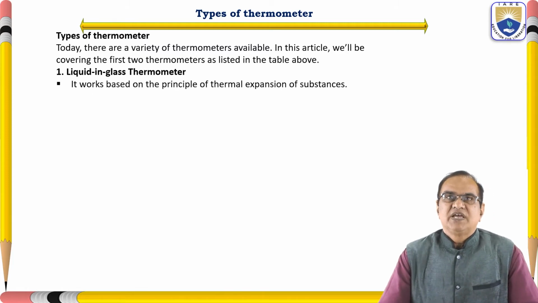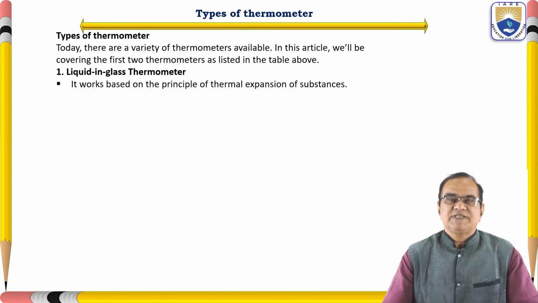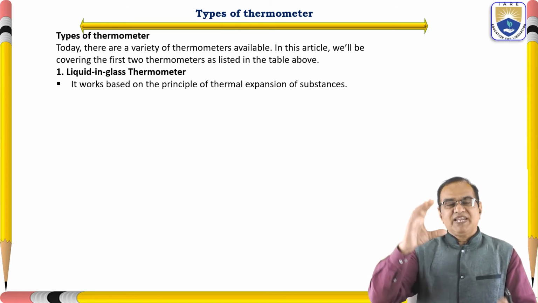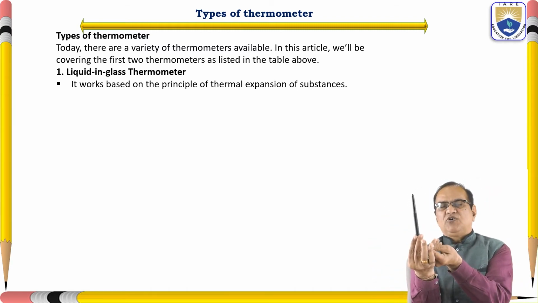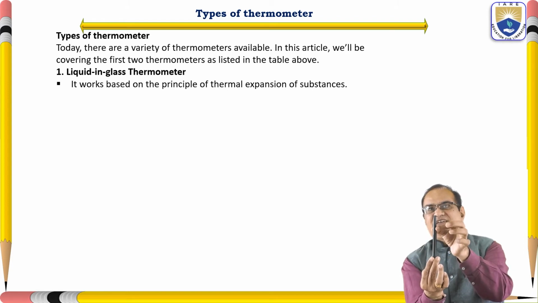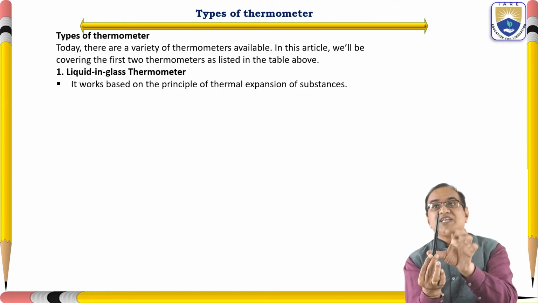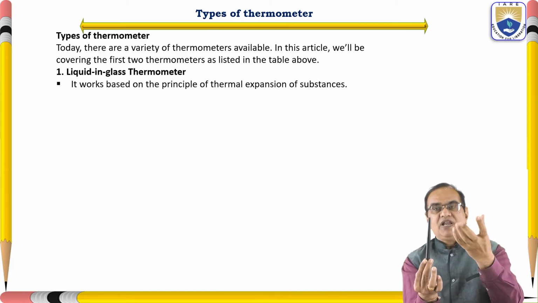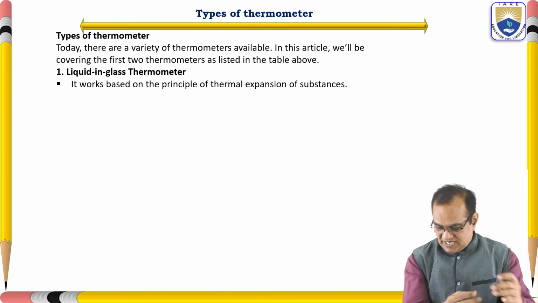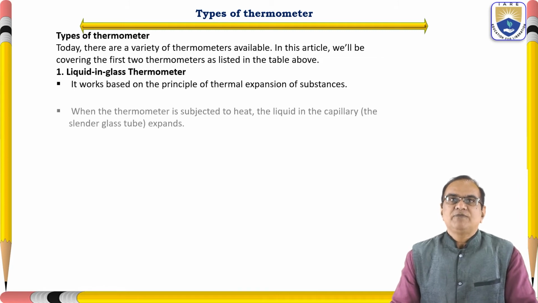It works based on the principle of thermal expansion of substances. If the mercury is inside and you put this in a hot zone, the mercury will expand. So it works on the principle of thermal expansion. The volume of the mercury or the alcohol will change, which I have discussed in the previous table also.